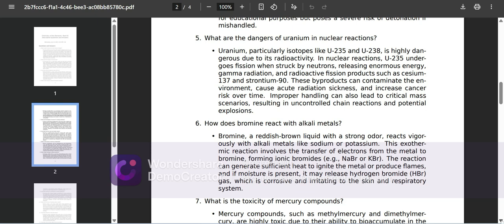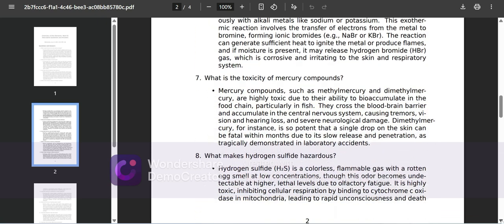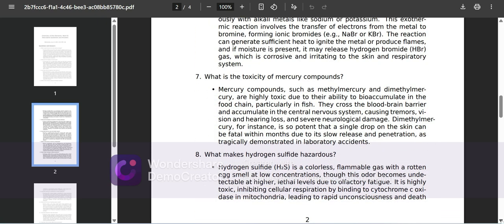The reaction can generate sufficient heat to ignite the metal or produce flames, and if moisture is present, it may release hydrogen bromide gas, which is corrosive and irritating to the skin and respiratory system.